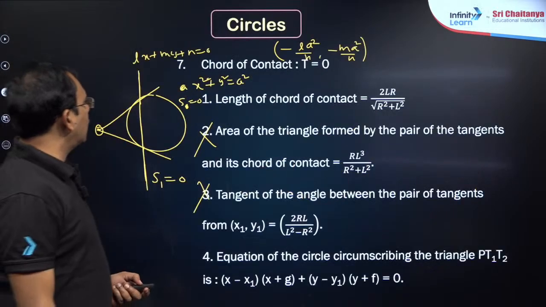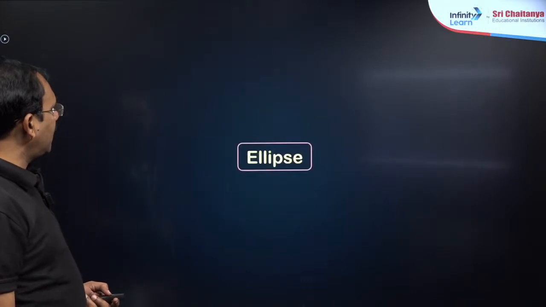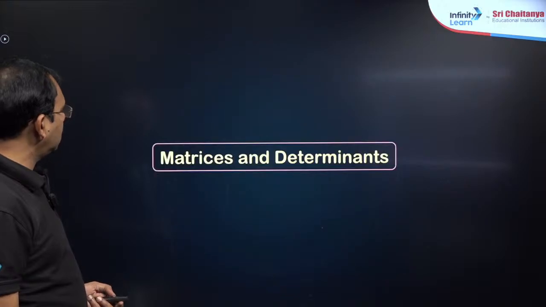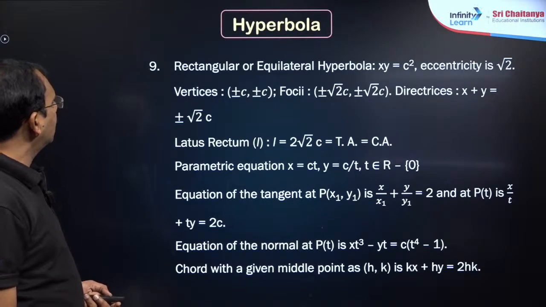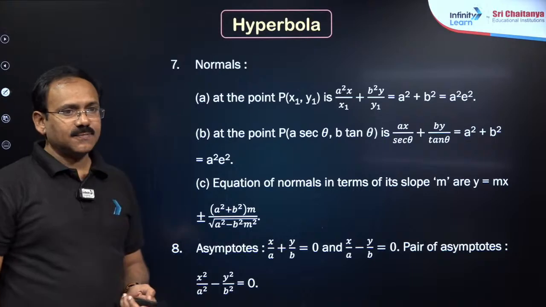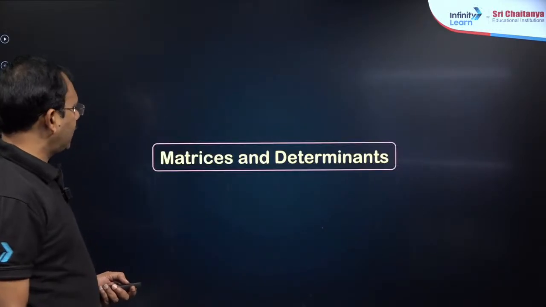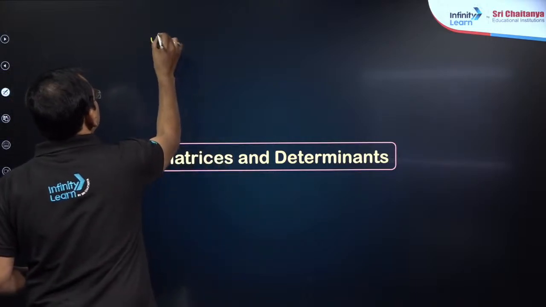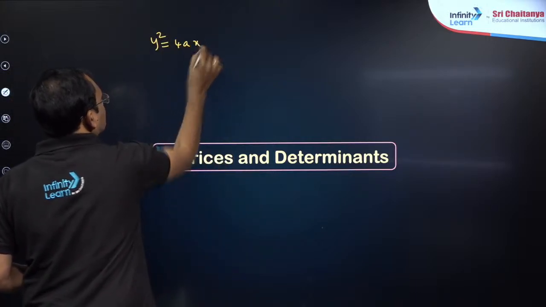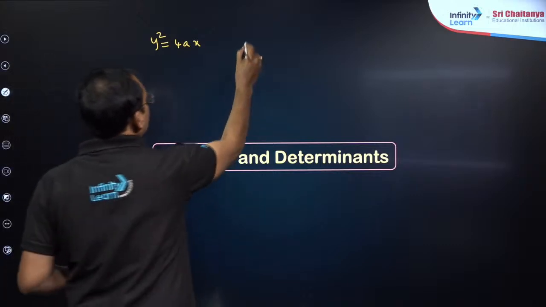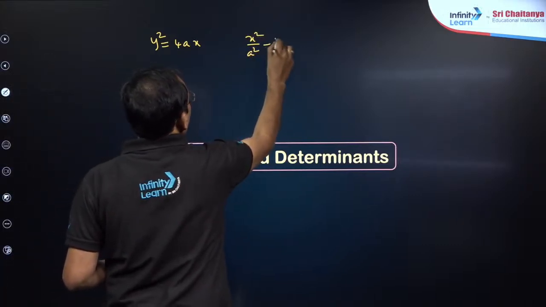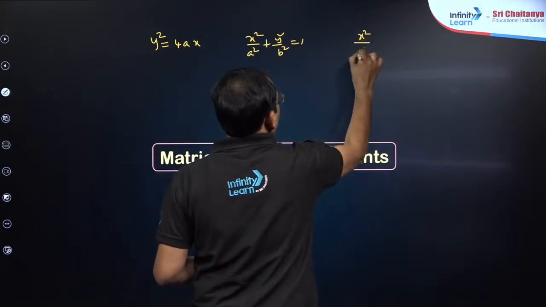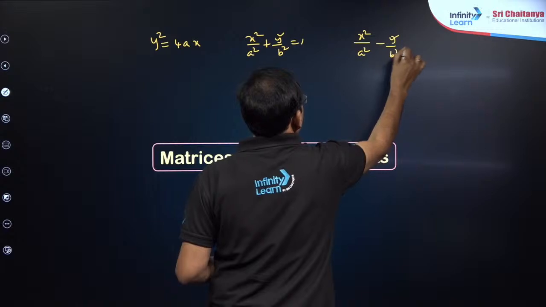Okay. Next you can go with conics: parabola, ellipse, hyperbola. I kept some points in common. Dear students, in parabola, ellipse, hyperbola together, the parabola standard equation is y square is equal to 4ax, the ellipse standard equation is x square by a square plus y square by b square is equal to 1, and the hyperbola is x square by a square minus y square by b square is equal to 1.